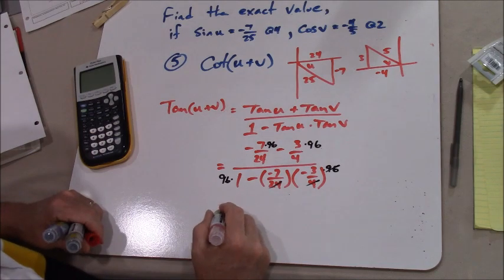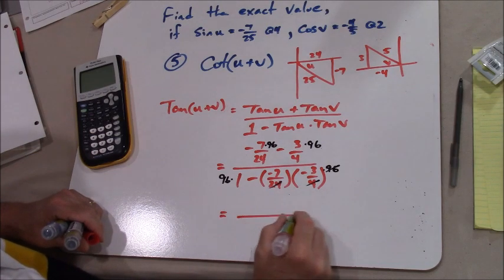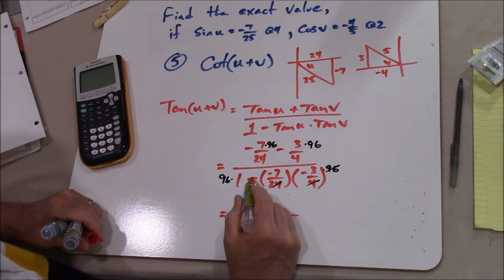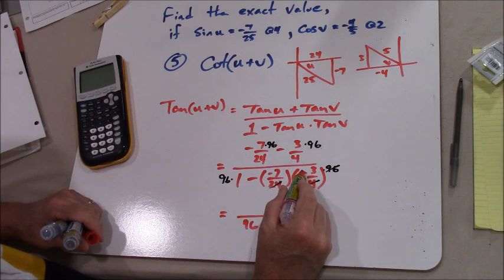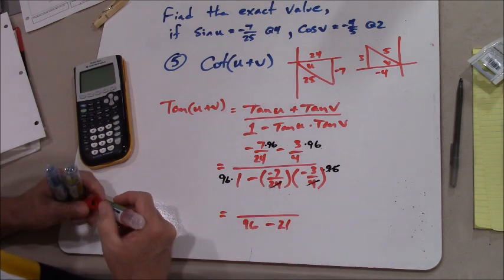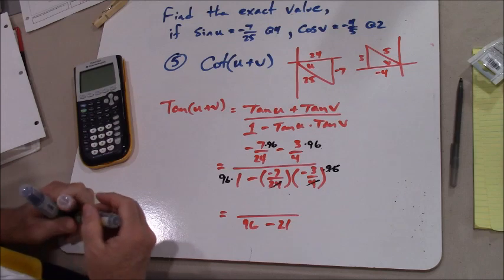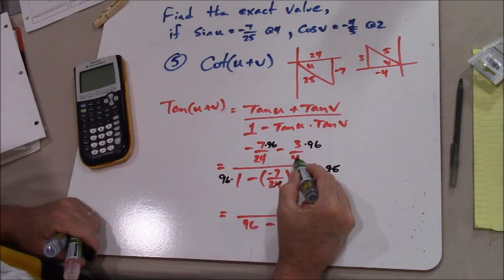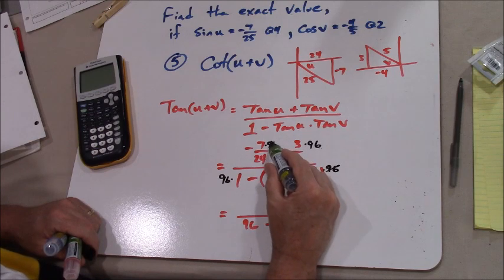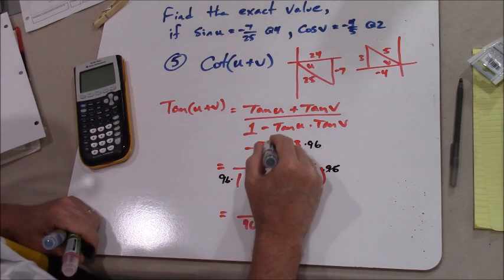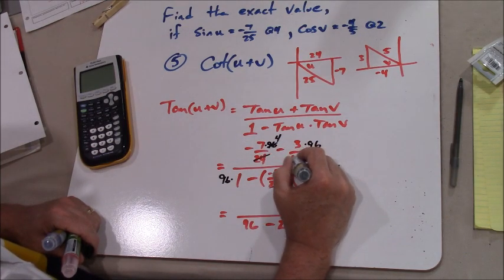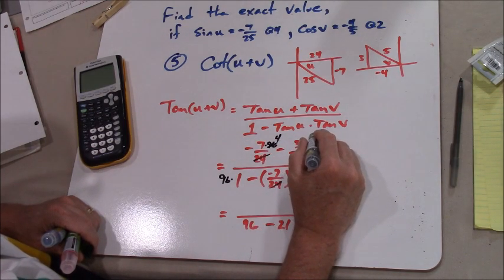So here's what I have so far. I've got 96. I've got a negative times a negative times a negative. That's 3 negatives, so that would be minus 21. In the numerator, I know I did 24 times 4 to get 96, so 96 divided by 24 is 4. And over here, 96 divided by 4 is 24.